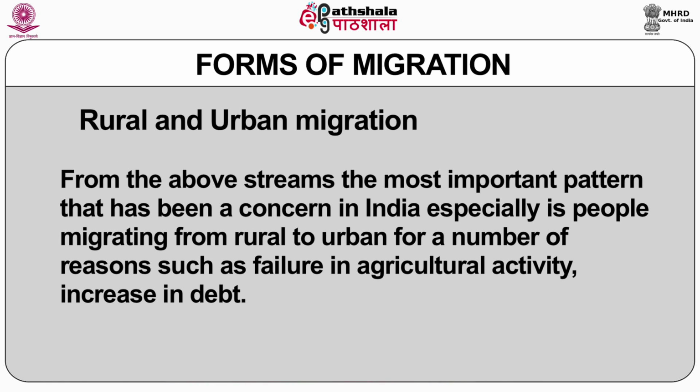From the above streams, the most important pattern that has been a concern in India especially is people migrating from rural to urban areas for a number of reasons, such as failure in agricultural activity and increase in debt.